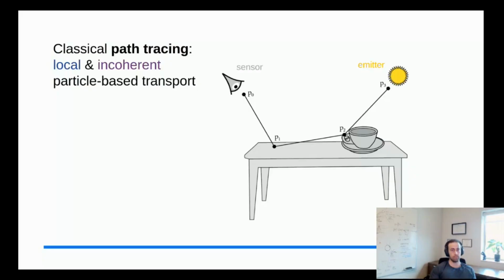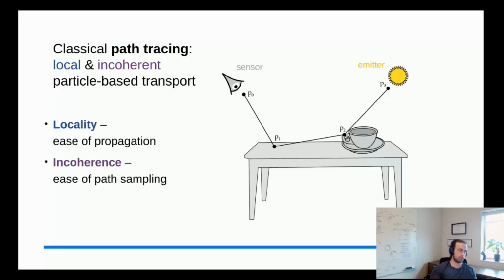I would claim that path tracing should actually be defined as algorithms that do local and incoherent particle-based transport. So classical path tracing, that should be the definition. Those two properties are instrumental for these algorithms.